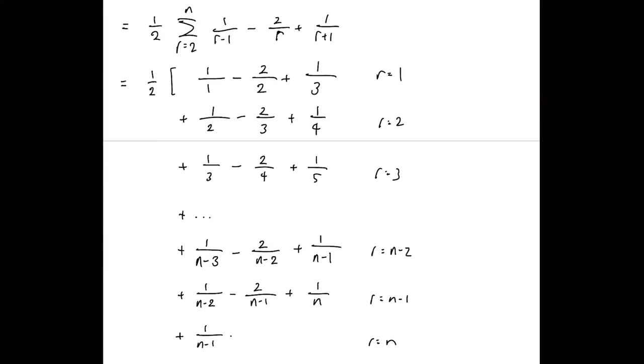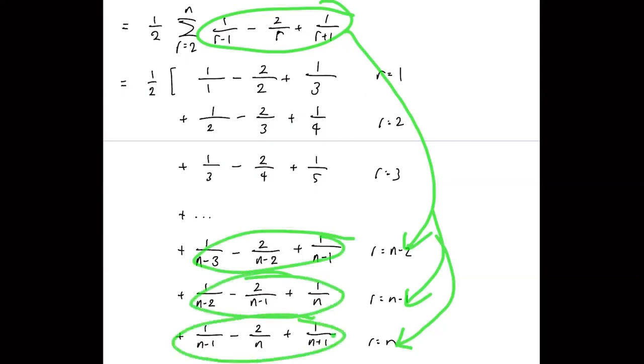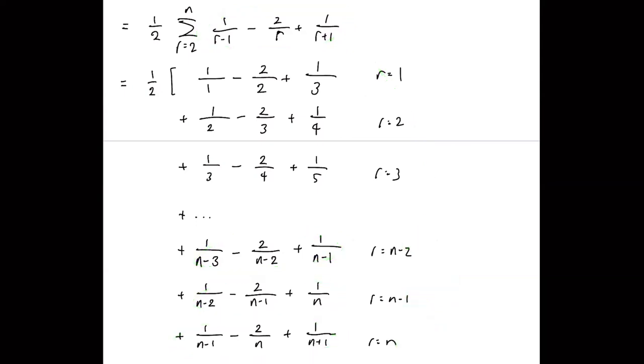Then it will be n minus 1 minus 2 over n plus 1 over n plus 1. I am simply replacing this formula here in terms of r with n minus 2, n minus 1, and n respectively to get those 3 expressions. Okay, then we can start to see anything that cancels off. Oh, don't forget to close the square bracket. There's a half times in front.